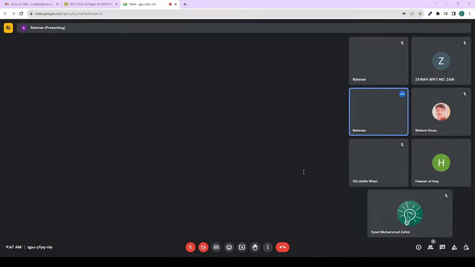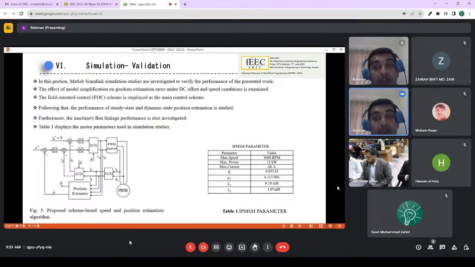The FOC control scheme is employed as the main control scheme. Following that, the performance of steady state and dynamic state position estimation is studied. Furthermore, the machine flux linkage performance is also investigated. Table 1 displays the motor parameters used in the simulation studies.